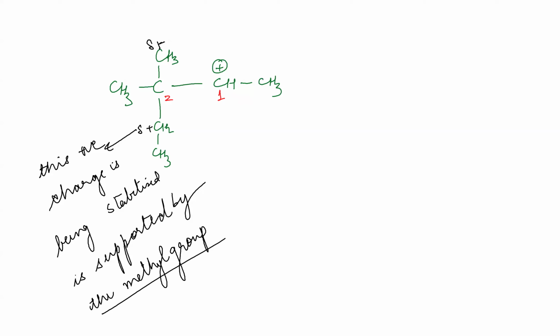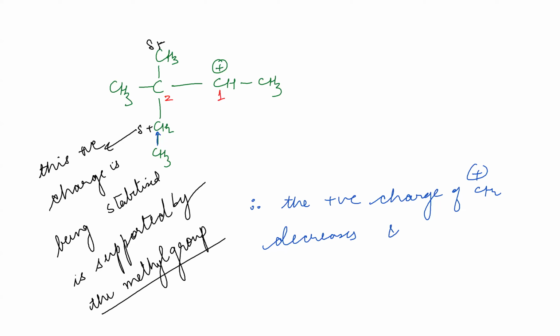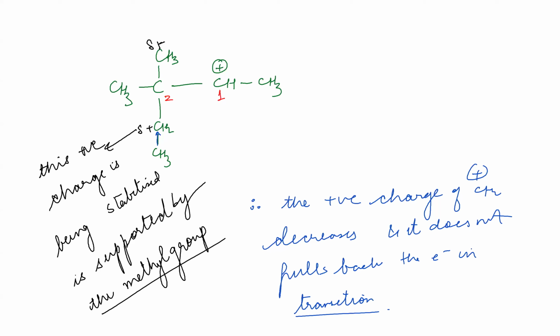And because it is supported by the methyl group, what does that mean? That methyl group donates its electrons to CH2 plus, and thereby the positive charge of CH2 plus decreases and it does not pull back the electrons in transition. And when it does not pull back the electrons in transition, obviously this shifting of the ethyl group becomes easier.